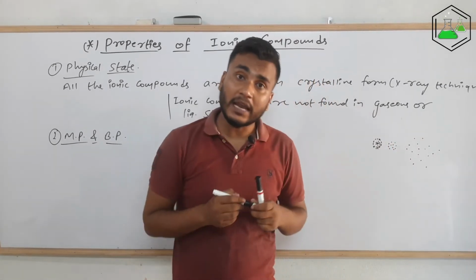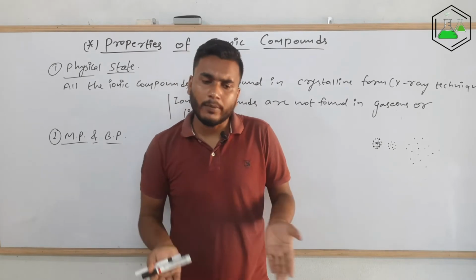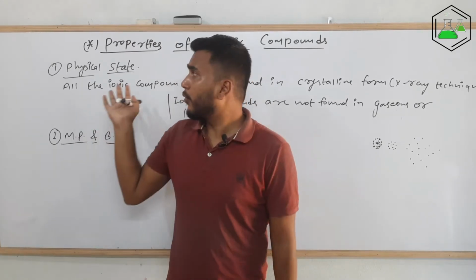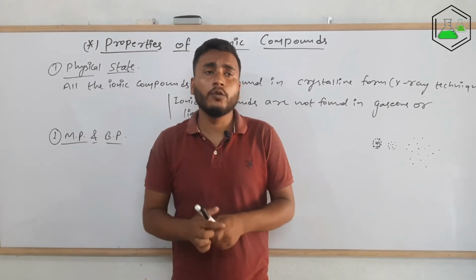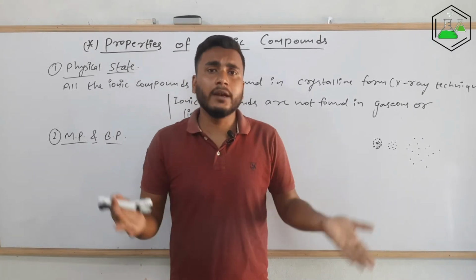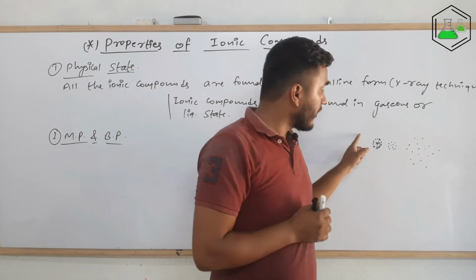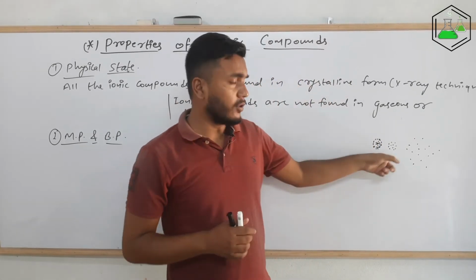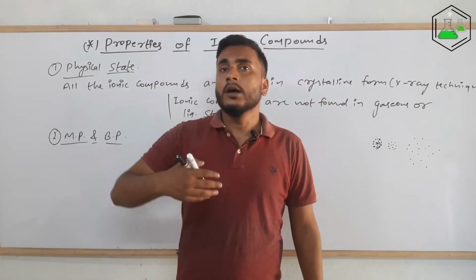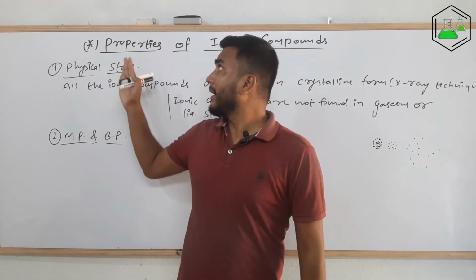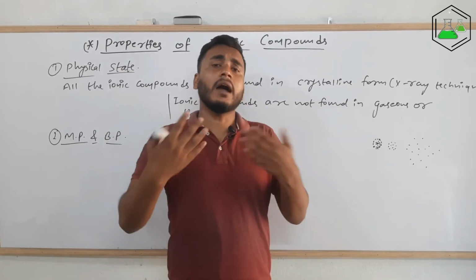Now we need to mobilize it. To mobilize it, we need to provide some energy. As the bond is very strong, we need to provide a large amount of energy in order to mobilize the ions and convert it into liquid. That means the melting point of ionic compounds is very high.